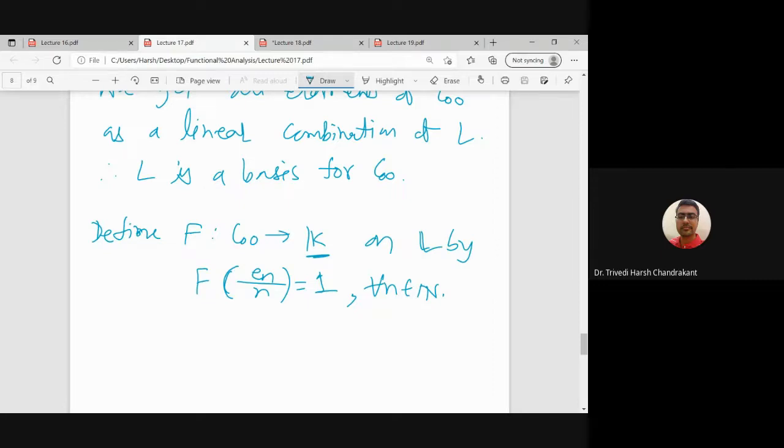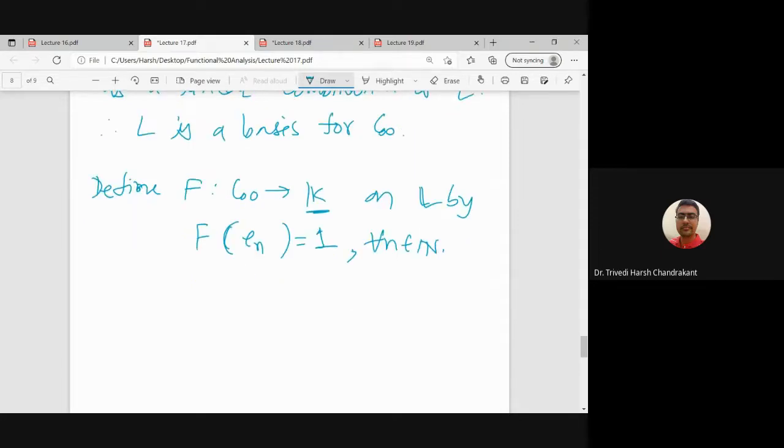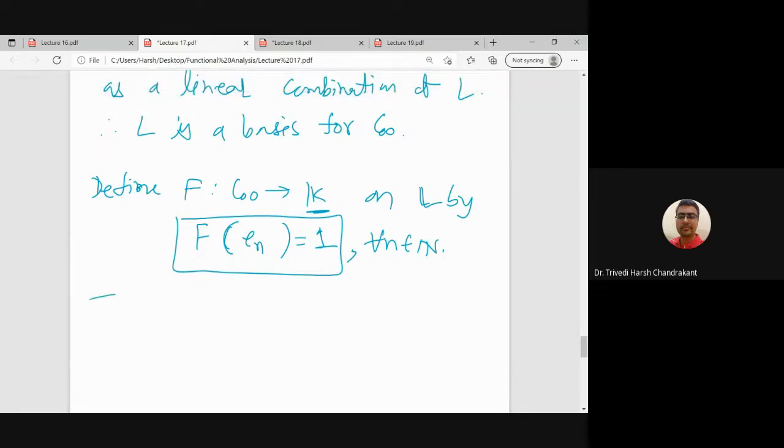Yeah, so first we define it on the basis element, and then we'll find this. So this is the definition on every basis element, and using that, what is f of En divided by n? That will be n times f.